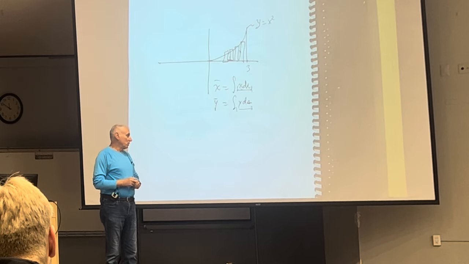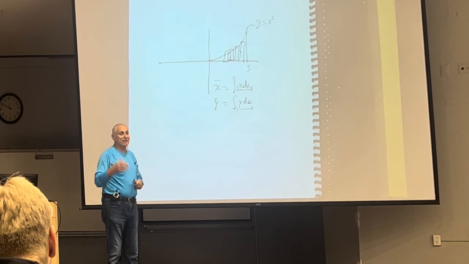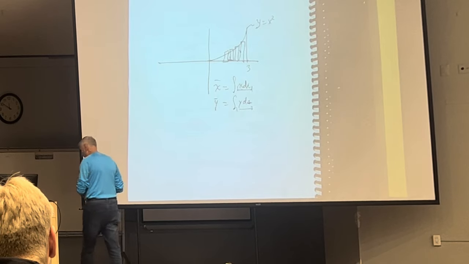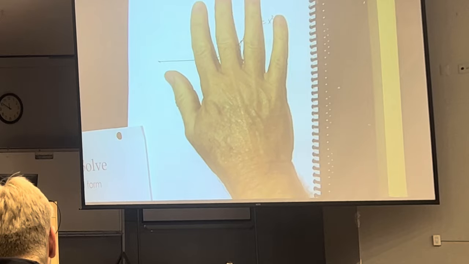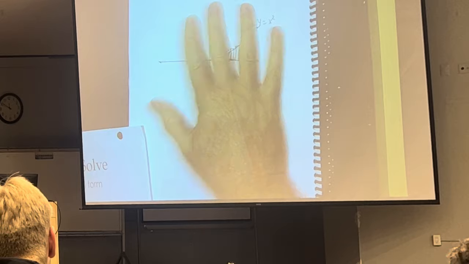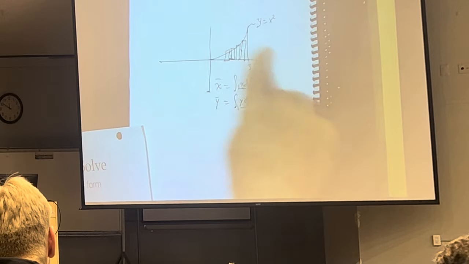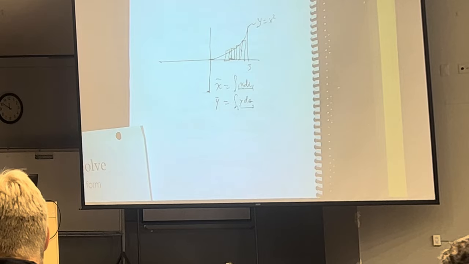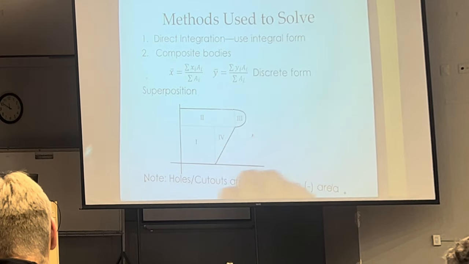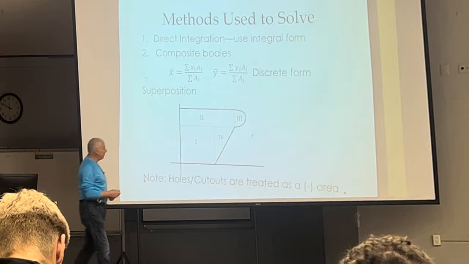What you will probably have to do is the next method, the composite body method. So I'm not going to spend time on the direct integration. You've done it before. Engineers usually don't integrate. I don't care what the book says. Let's be practical, okay? But you may use what's known as the composite body method.